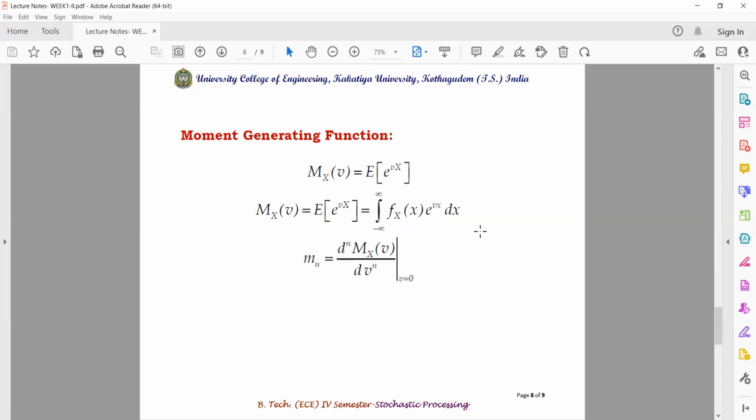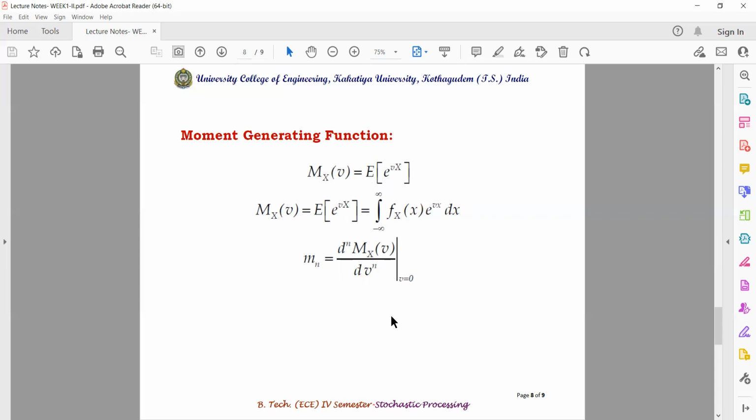Similar to the characteristic function, as the name implies, the moments can be generated from this moment generating function: m suffix n is equal to d power n Mx of v by dv power n, and substitute v is equal to 0.